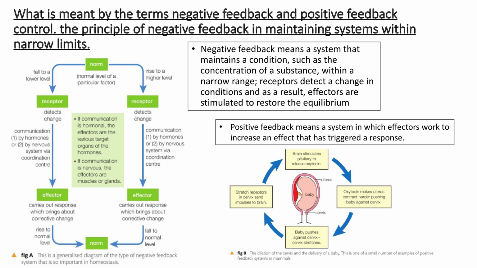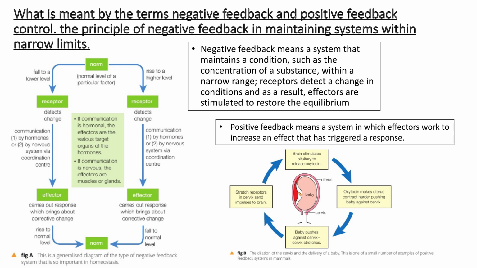And what is positive feedback? Positive feedback means a system in which effectors work to increase an effect that has triggered a response. So here, for example, the brain stimulates the pituitary to release oxytocin, and this oxytocin makes the uterus contract harder.